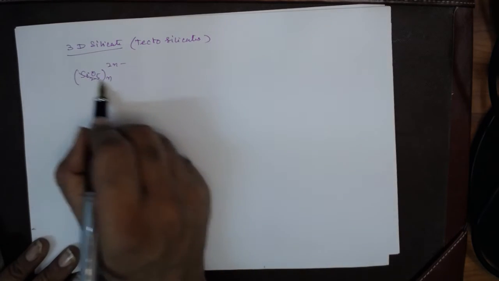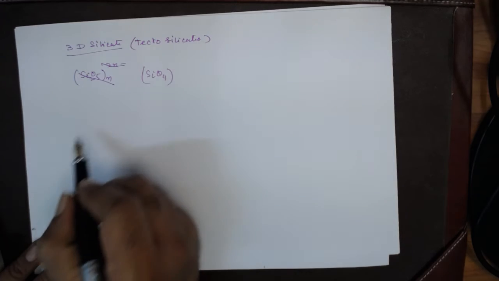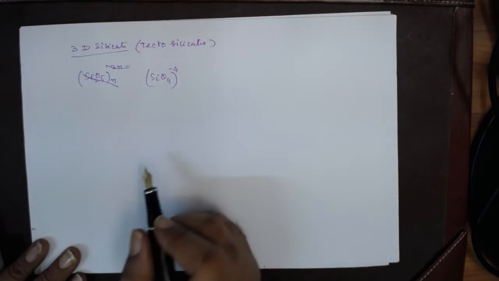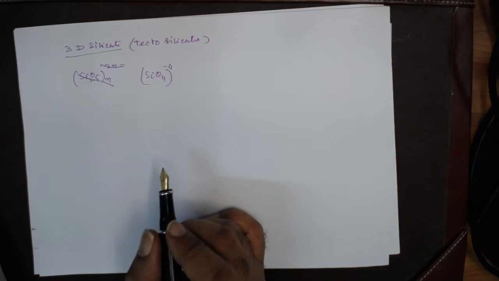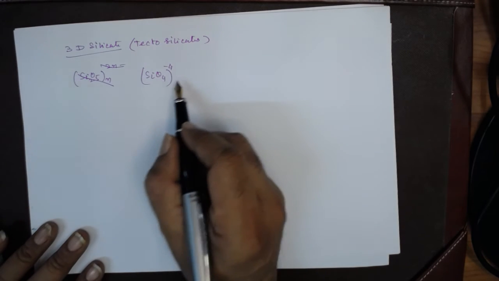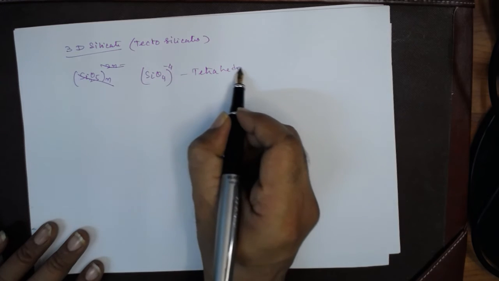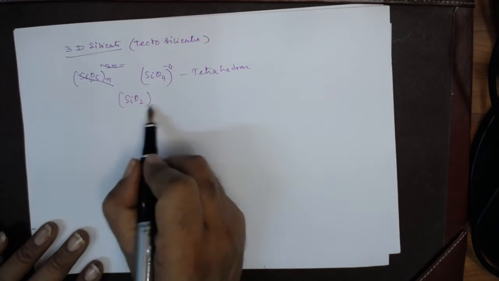Three-dimensional is SiO4 with 4 minus. They combine with this and form, they have the general formula, this is a tetrahedron unit, and they have the common SiO2, n number of times.